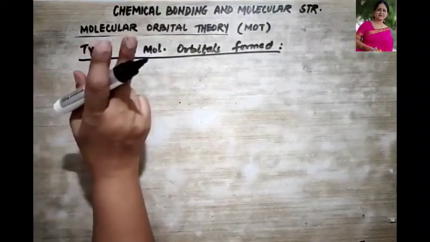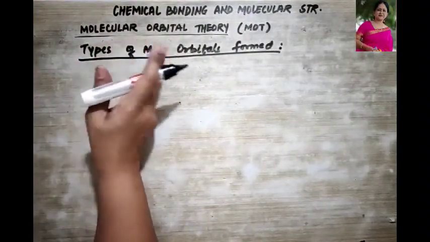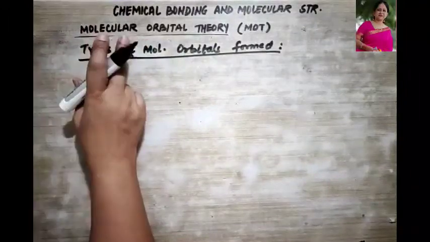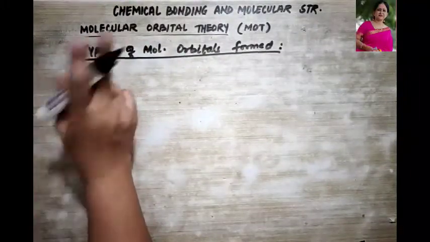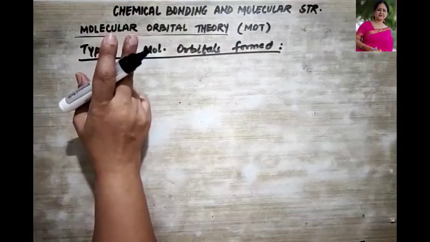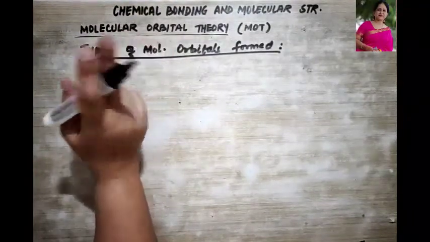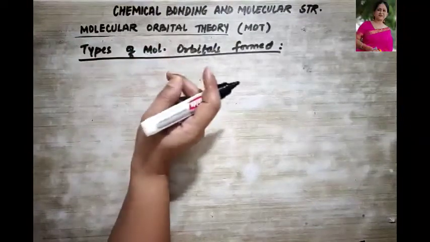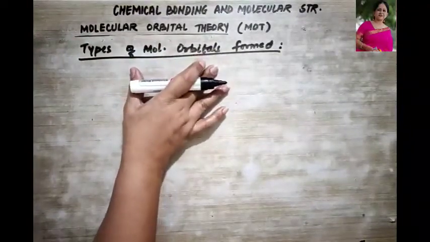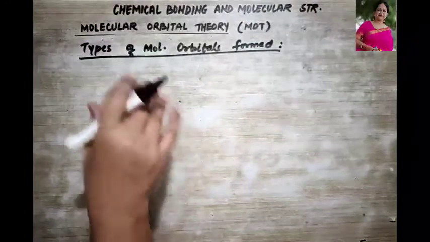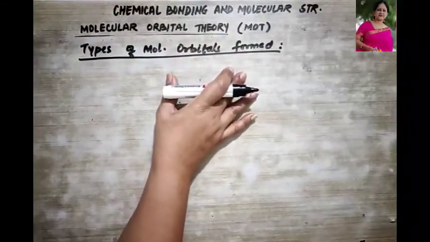Then the combining atomic orbitals must have proper orientation, that is, they should have the same symmetry about the molecular axis, and they must overlap to the maximum extent.